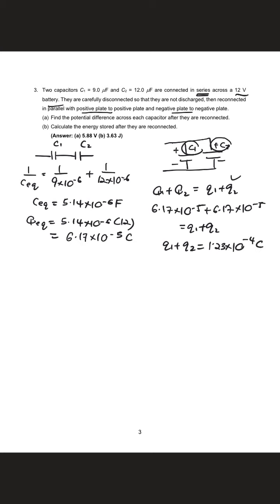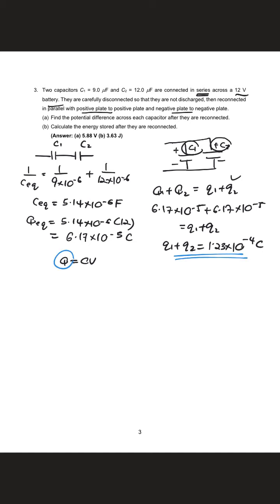When it comes to the parallel arrangement, definitely the potential difference for each capacitor will have the same value. So you can just use the formula Q equals CV, and this Q here is going to be this value.